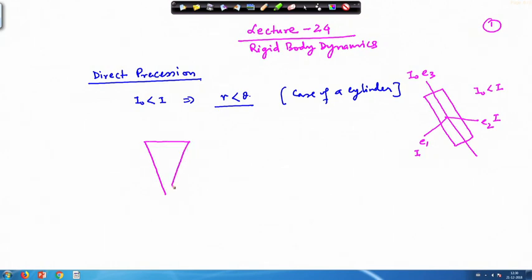Again we make a space cone, and in this direction we show the h vector and psi dot vector. Then we take another cone and show it like this.